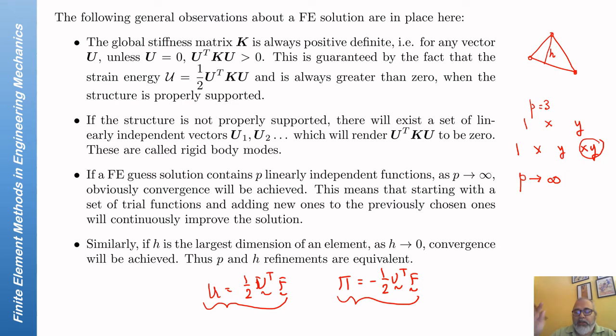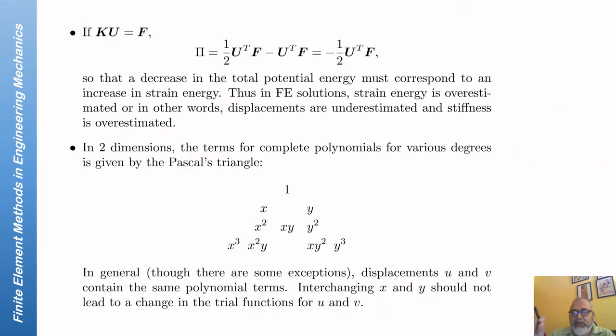So, in the process of minimizing pi, FEM actually increases U, which means that it consistently underestimates the displacements and overestimates the stiffness. So FE solutions underestimate the displacements and overestimate the stiffness.